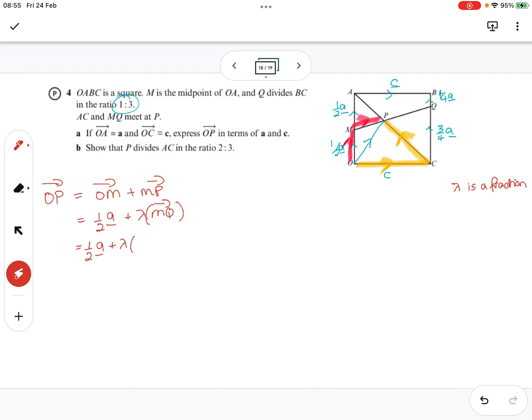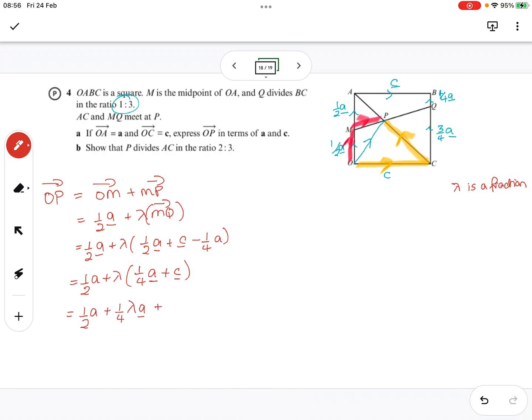M to Q is a half A plus C minus, because we're going the wrong way, 1/4 A. So a half A minus 1/4 A is 1/4 A, plus C. Then if I multiply out the bracket, I've got a half A plus 1/4 lambda A plus lambda C. That means I've got a half plus 1/4 lambda of A plus lambda of C. And that is my OP.